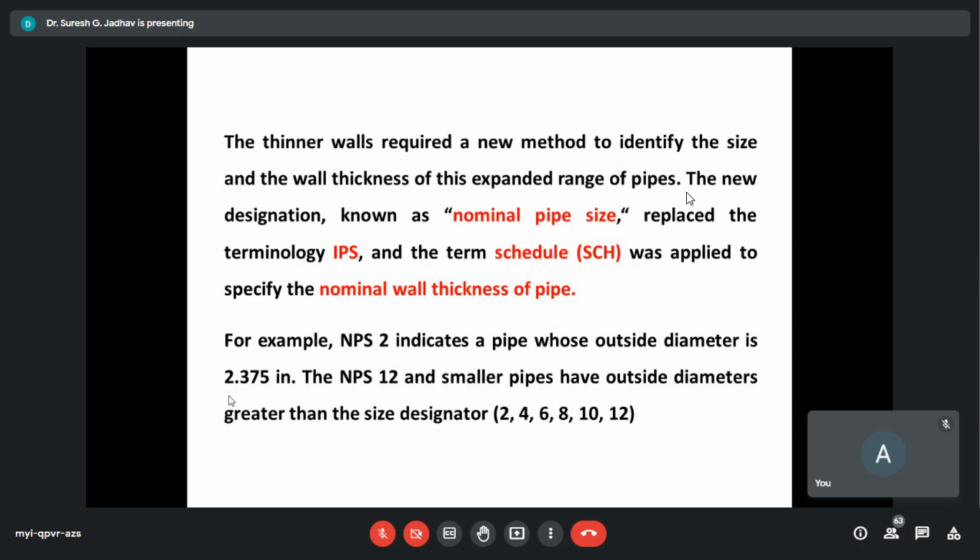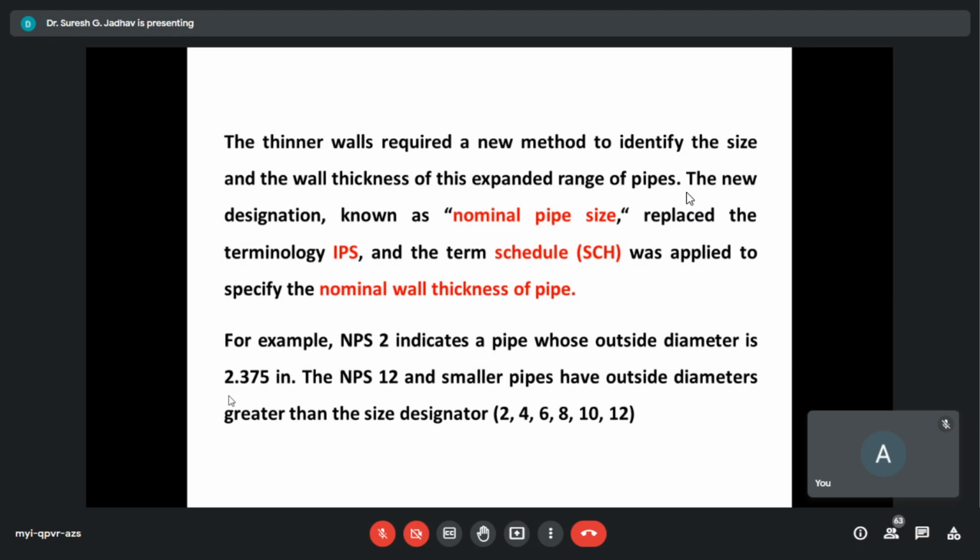For larger pipes, greater than 12 inches, the diameters are greater than the size designator 2, 4, 6, 8, 10, and 12.